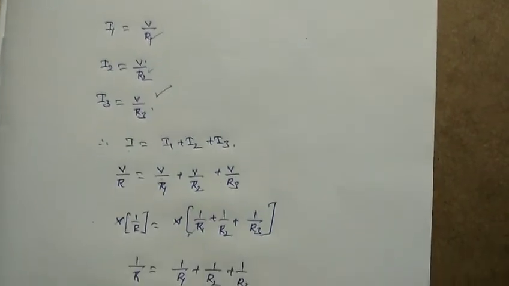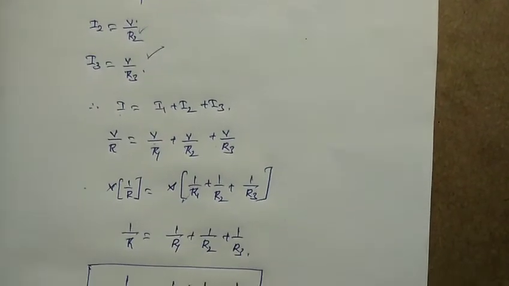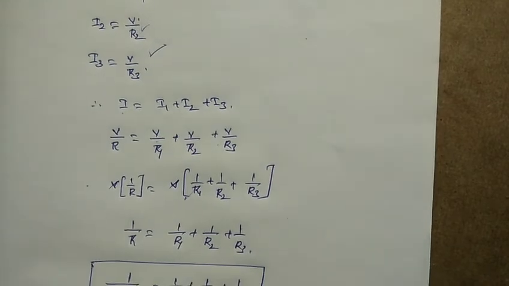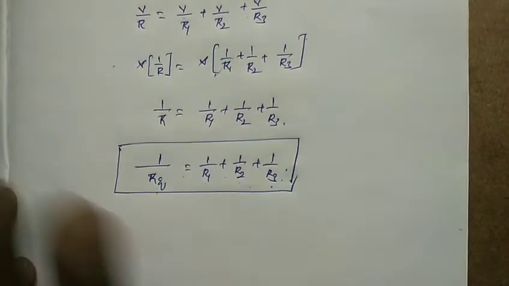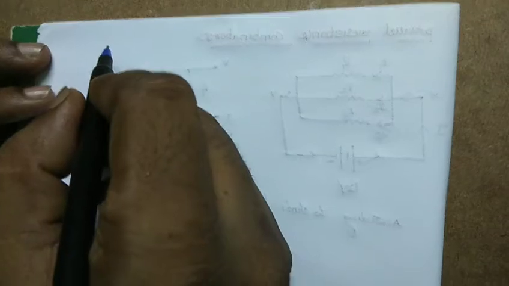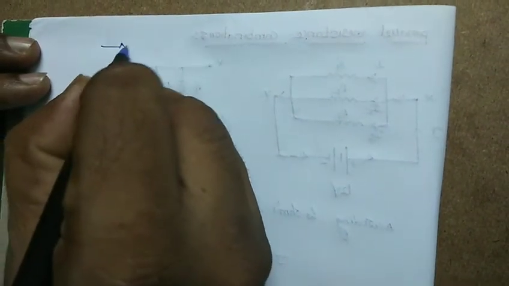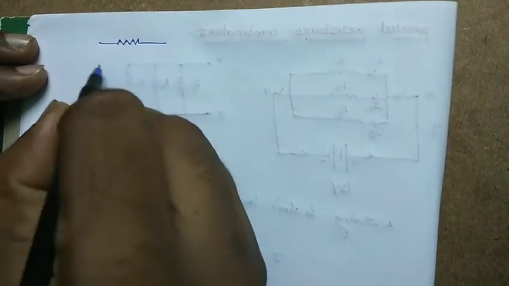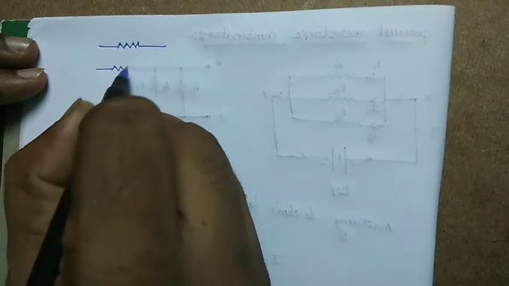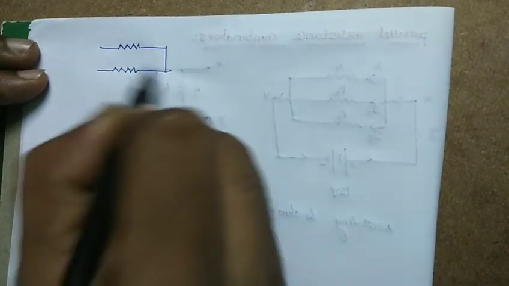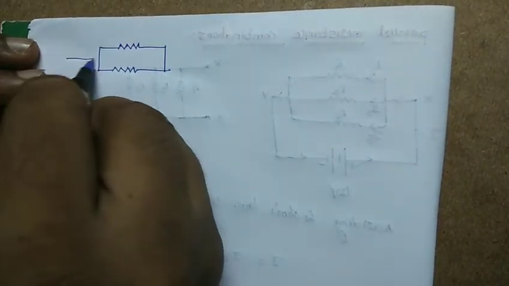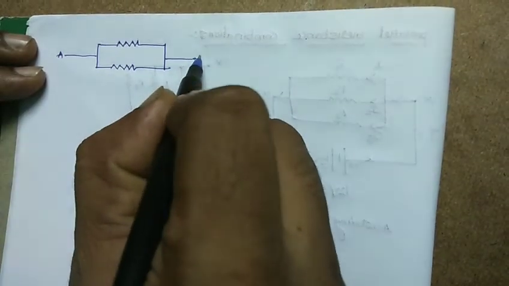So that's why we get 1 by R equivalent equals 1 by R1 plus 1 by R2 plus 1 by R3. For example, see here, these are two resistances across AB.